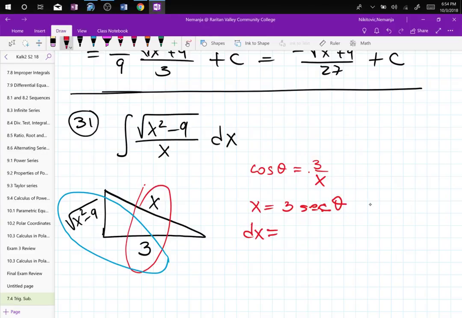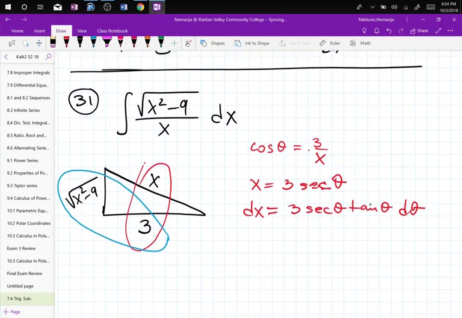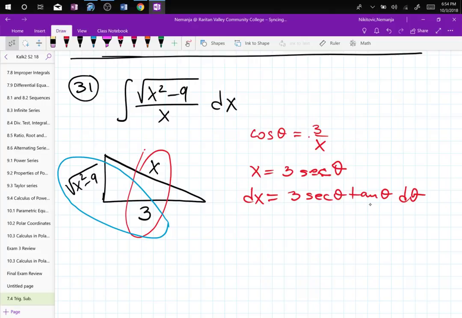Derivative of secant is very good. Secant theta tangent theta d theta. Don't forget the d theta at the end. It's not a decoration. I mean, we need it for the integral. So that's red. Now we have blue.